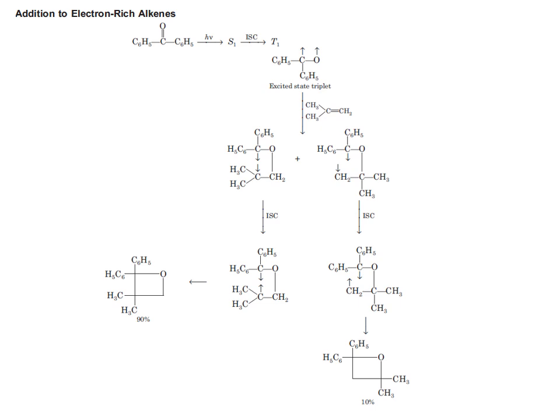Now see, here is the addition of an electron-rich alkene to an aryl ketone. Initially, in the presence of light, it is converted to the S1 singlet excited state. Then intersystem crossing converts it into the triplet excited state.